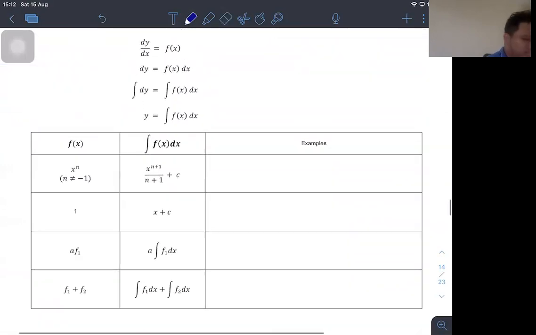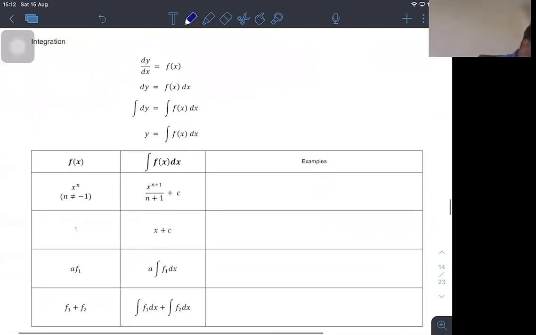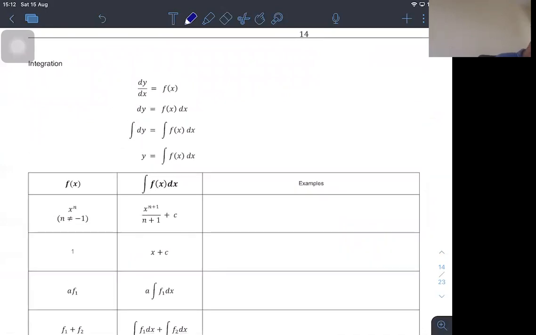And then integration. Integration is actually the counterpart of differentiation. For example, if I have differentiation of x to the 3, what I get is 3x squared, right? But if I do the integration of 3x squared dx, I start with 3x squared, then I increase the power by 1, so it's 2 plus 1, and I divide by the number 2 plus 1.